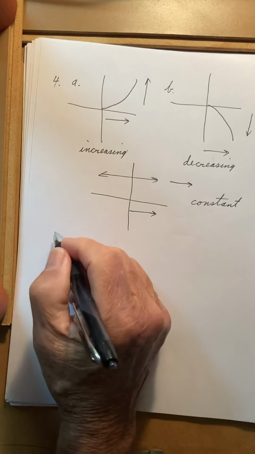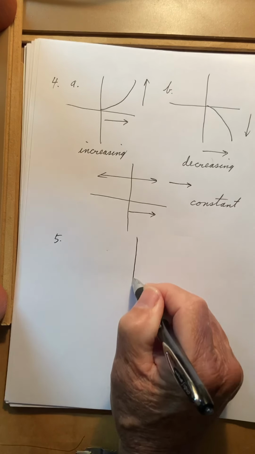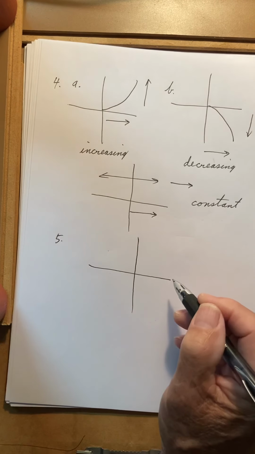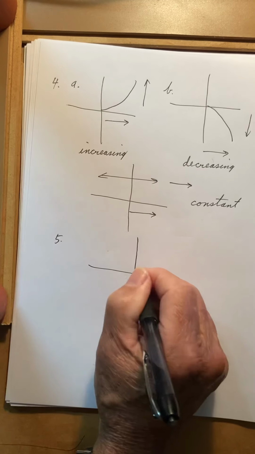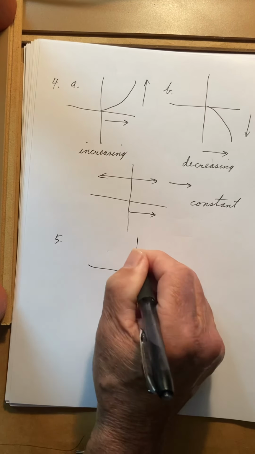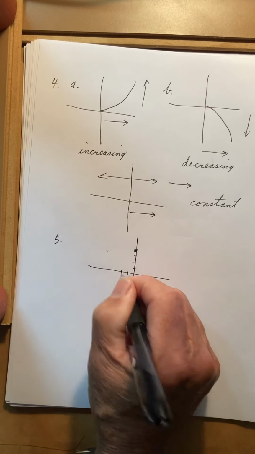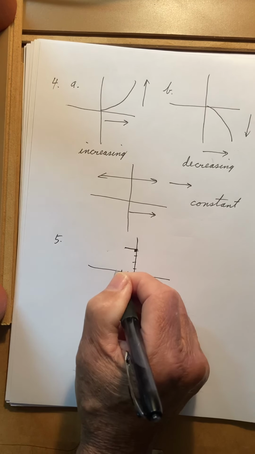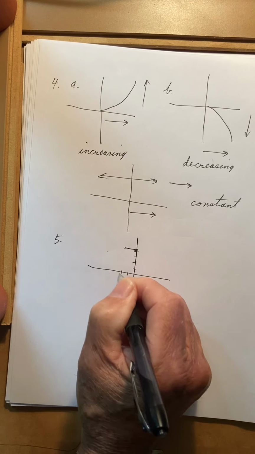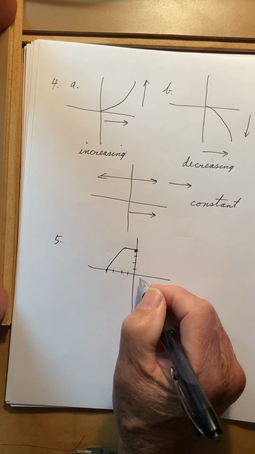Now we have one final example, which is a combination of these three. We have 1, 2, 3, 4 this way. We go 1, 2 this way. And 2 more to go down like here. Over here we go 1, 2, 3, 1, 2, 3, 4.